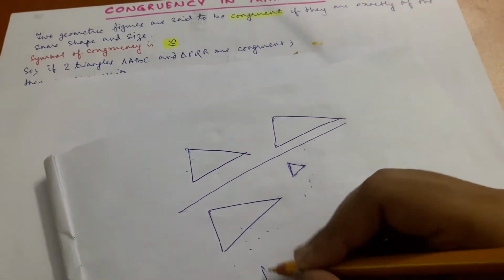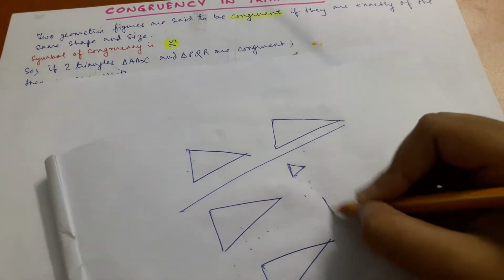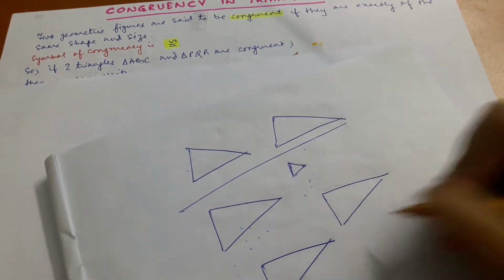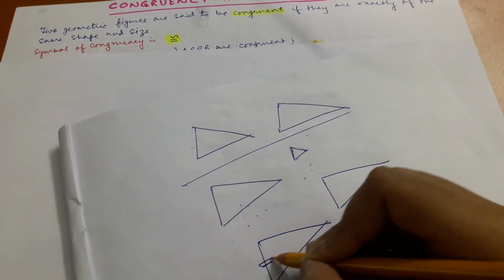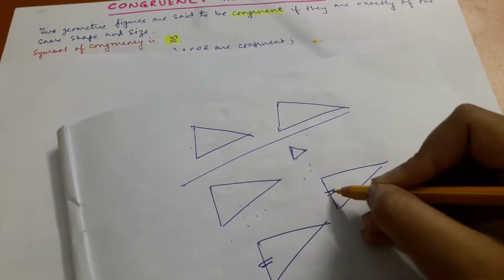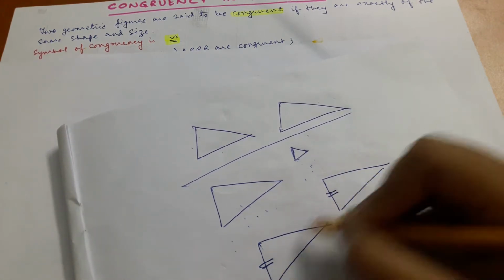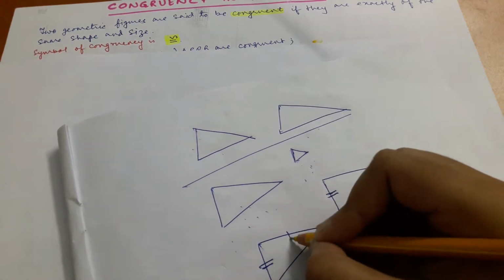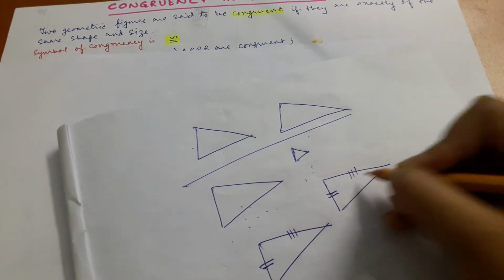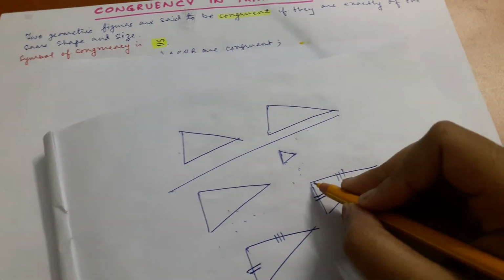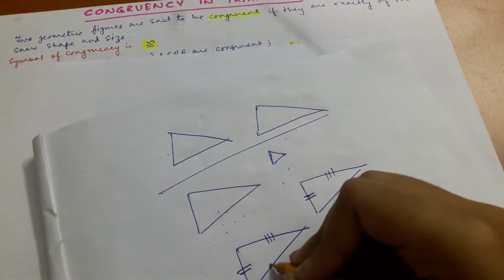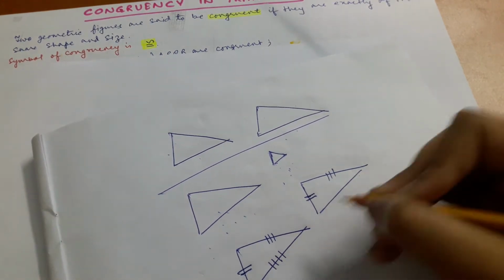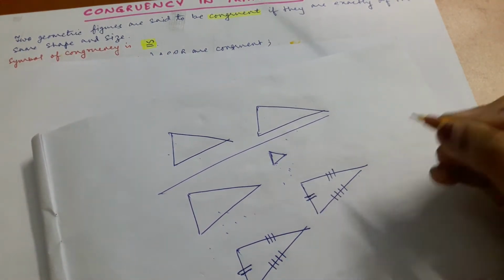Again, if we draw two triangles such that this side is equal to this side, the lengths of these two sides are equal. Similarly, the length of this side is equal to the length of this side, and the same for the last side, the third side.